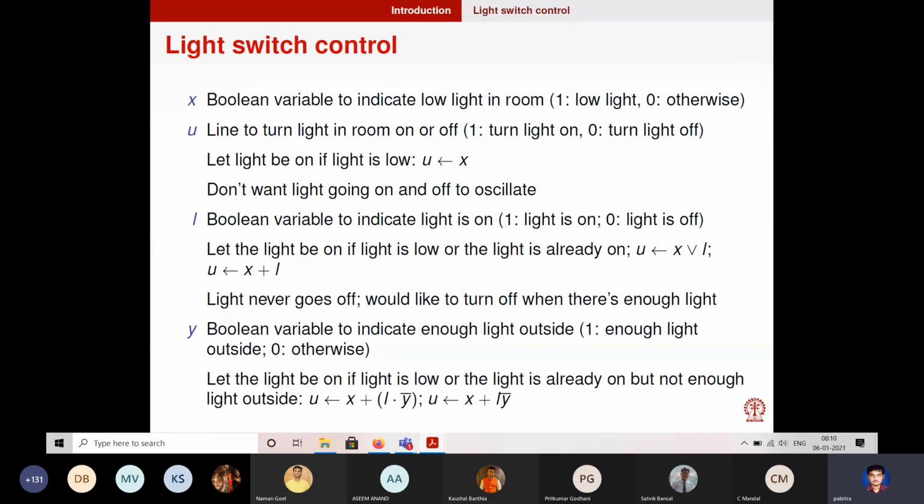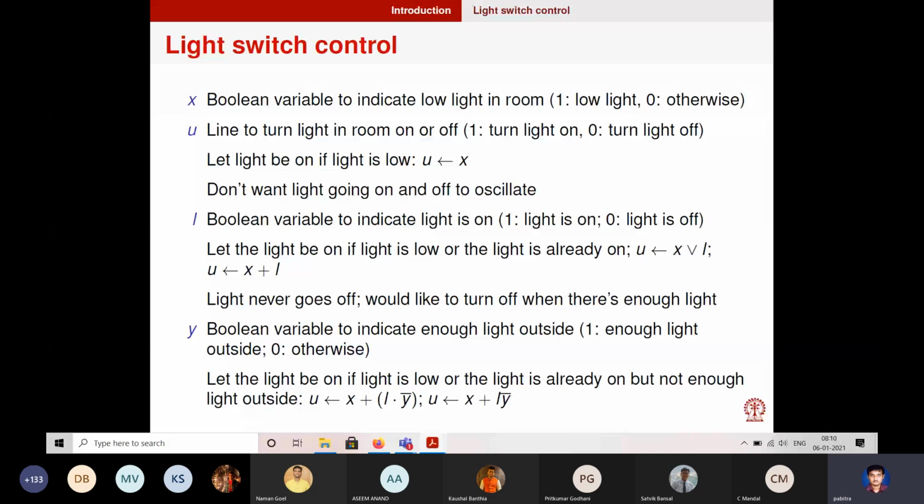So now the rule U, which you can think of as kind of an output, is X or L. So either the light is low or the light is on. In any of these two cases, it means the room light is on. Any of these two cases will lead to turning on U.